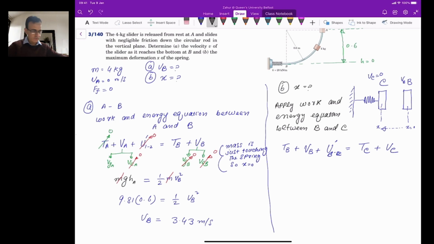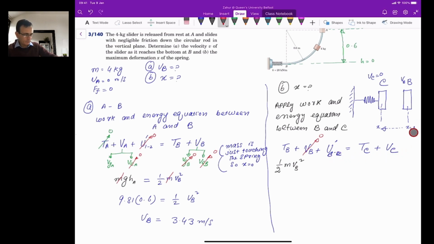Okay, so now in this case, as you can see, the kinetic energy of the body at location B is half m vB square, and at location B the gravitational potential energy and elastic potential energy are zero, because the height is zero and the x is zero.